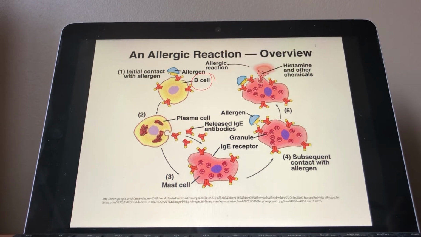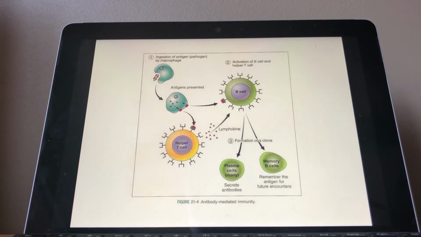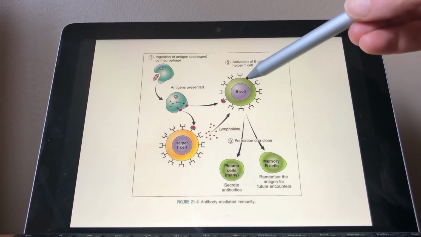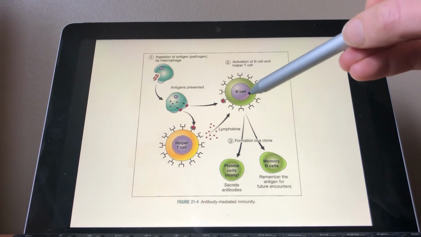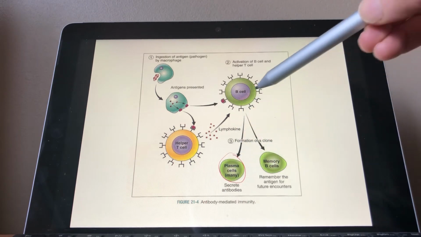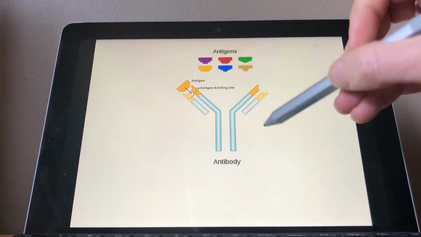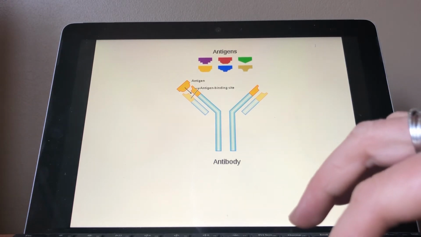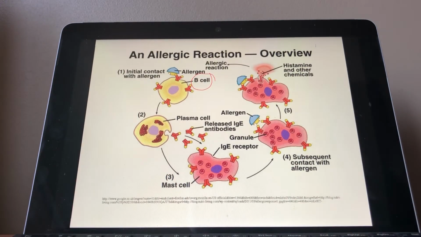Now, if you recall back, what a B cell does, again, is when B cells are triggered by a helper T cell, they will create a plasma cell. Now, plasma cells will then make antibodies. And then these are what I was just talking about before, right?